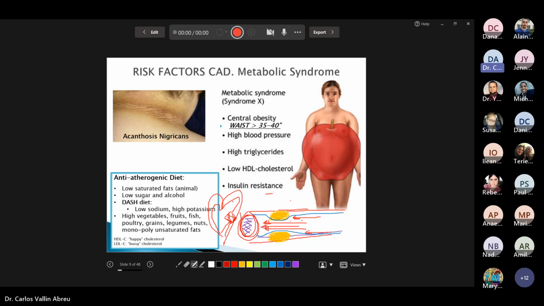So always when they reach the fourth flight of stairs, the person presents the chest pain. It is stable angina, stable angina.